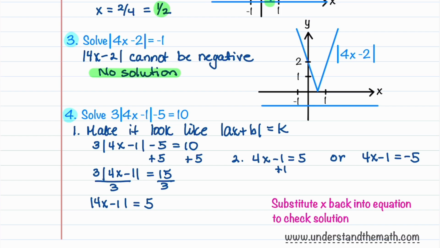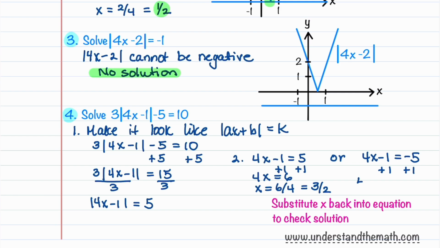Let's go ahead and add 1 to both sides. We're going to work on the one on the left first. So this gives us 4x is equal to 6. Dividing both sides by 4, we get x is 6 divided by 4. Notice that 2 goes into both of those, so we can reduce this to 3 divided by 2. Now let's work on the one on the right. We're going to add 1 to both sides.